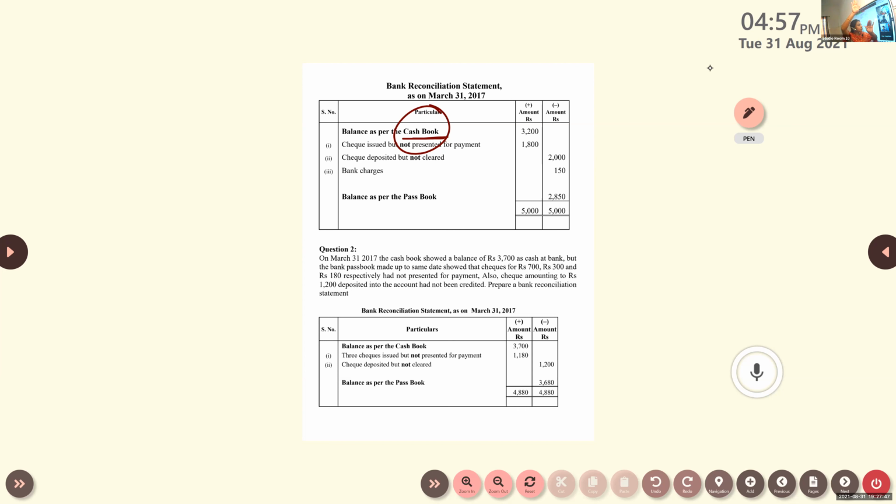It is down. Money is not there, you only got the check. We haven't deposited the money in the bank account. So we have to bring the cash book down to match it with the passbook. The hand has gone up, so we bring it down.